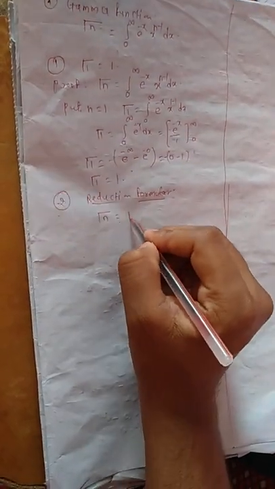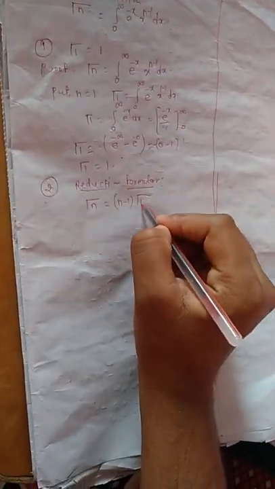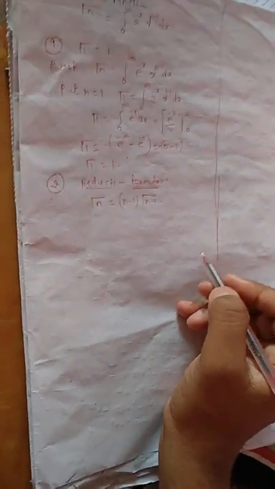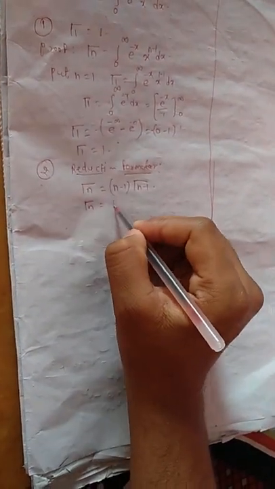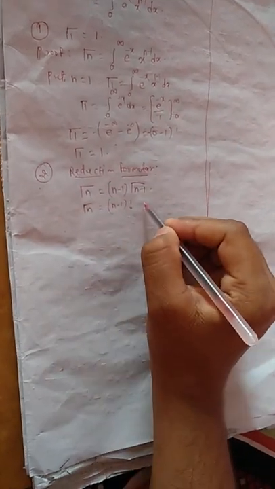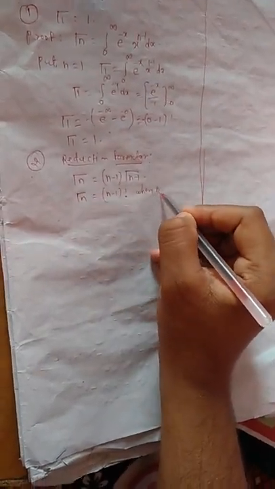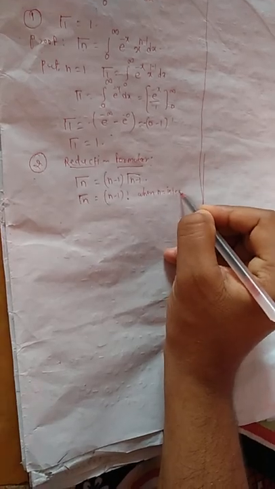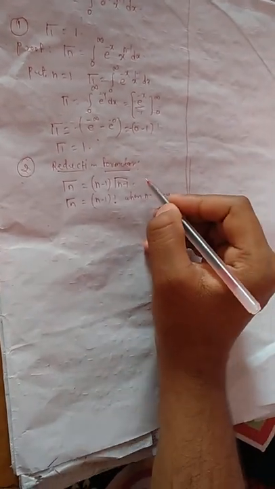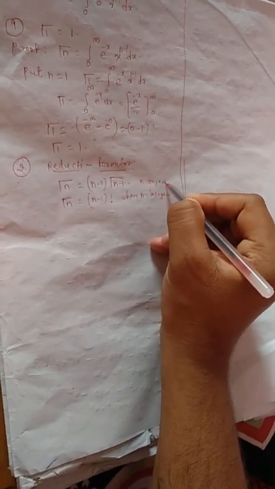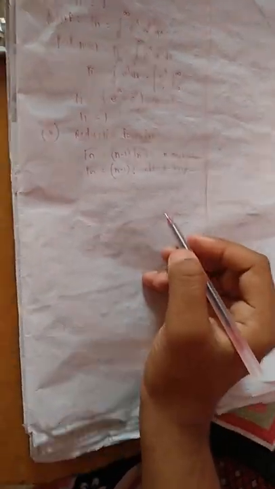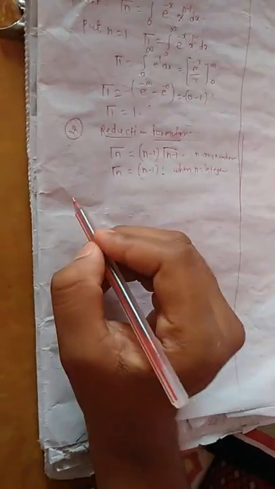Gamma n is equal to n minus 1 times gamma n minus 1, and gamma n is equal to n minus 1 factorial when n is an integer, and n is any number.